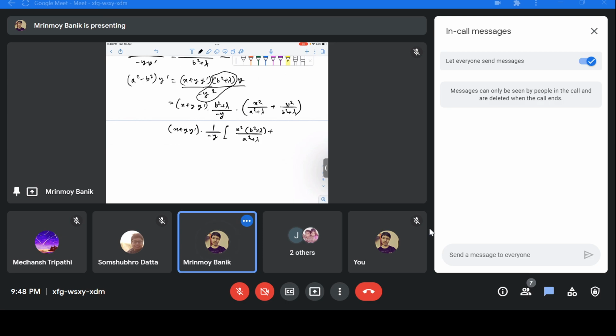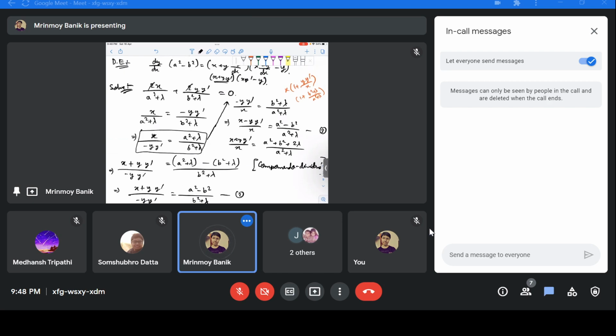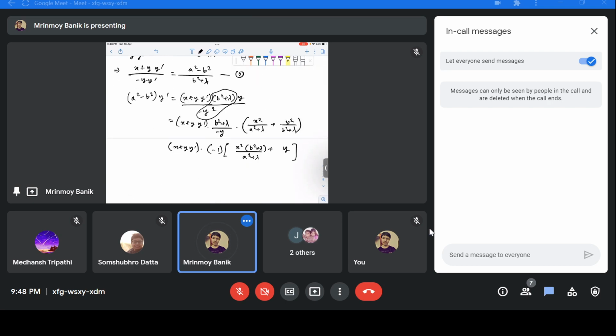Okay, let me multiply out the y also, the denominator. So we get y, just y. Okay. Now we know b squared plus lambda by a squared plus lambda is y minus y dashed by x.